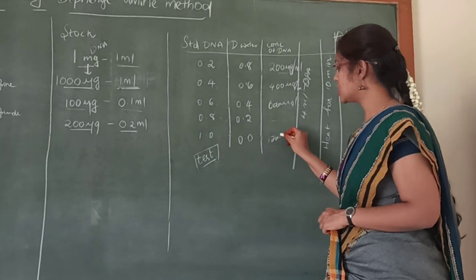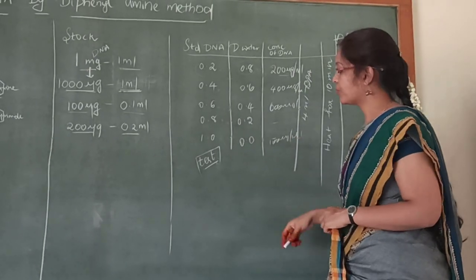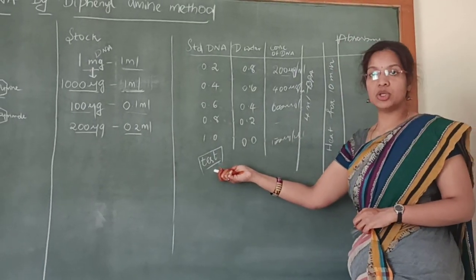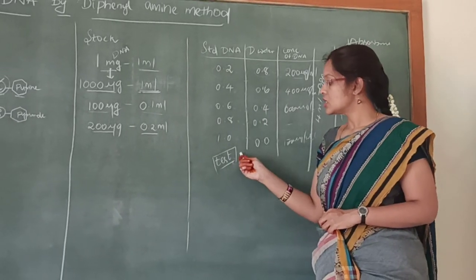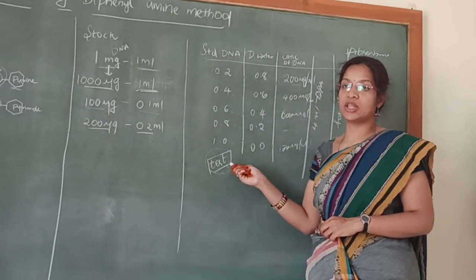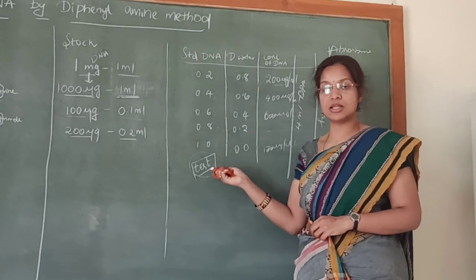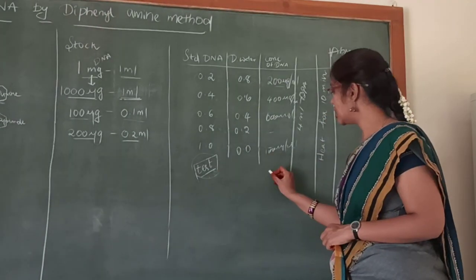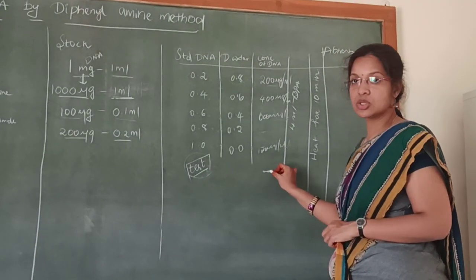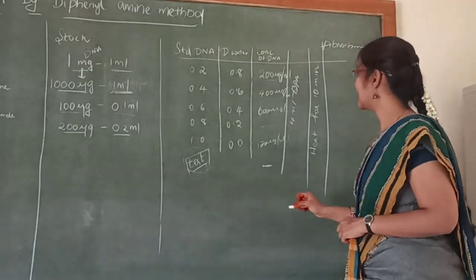Here it is 1000 μg per ml. But coming to the test solution or unknown solution, you have to find out the amount of DNA present in this given sample. Here you don't know the concentration, so you are just putting a blank here.